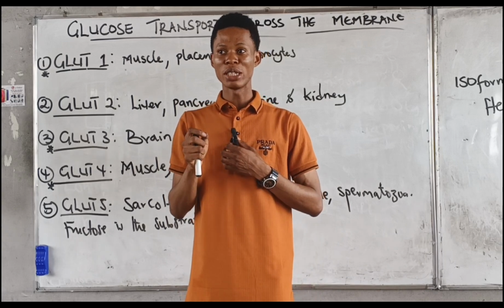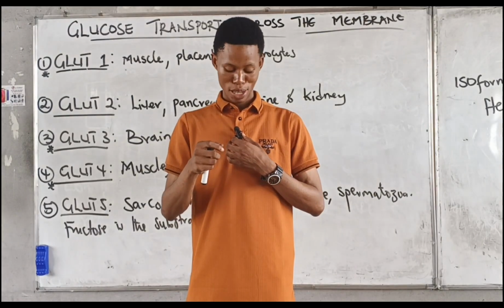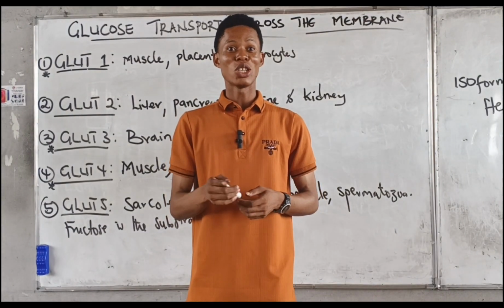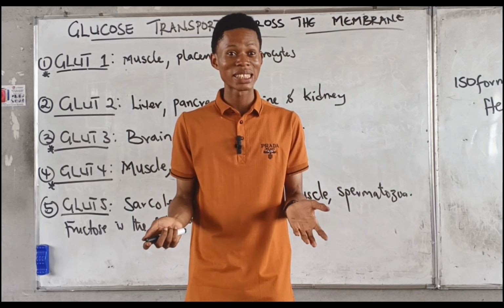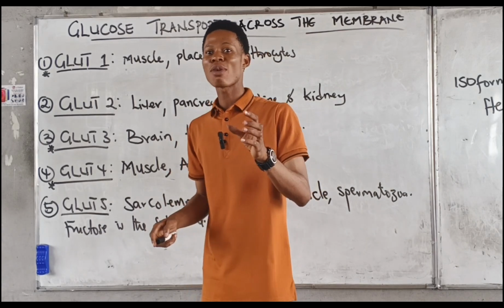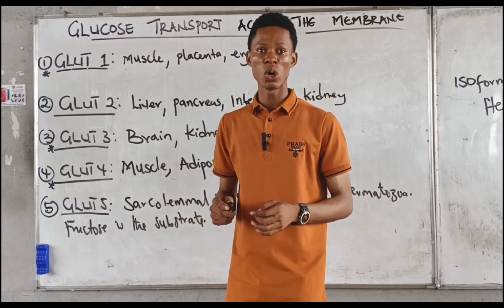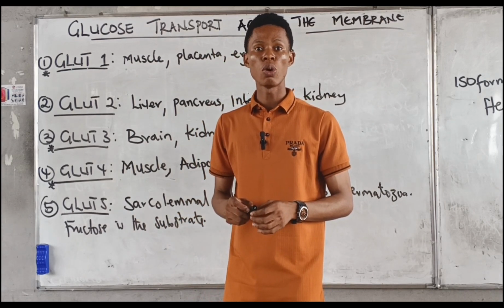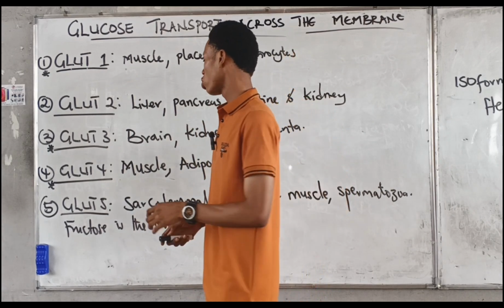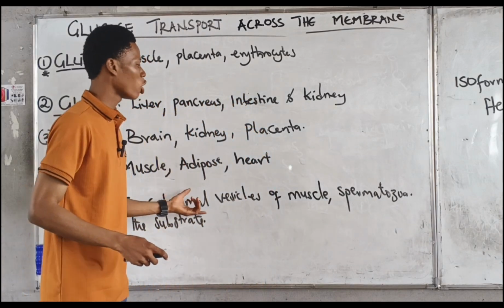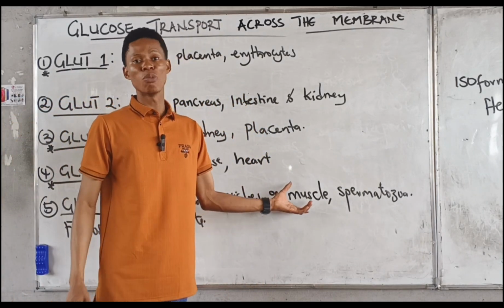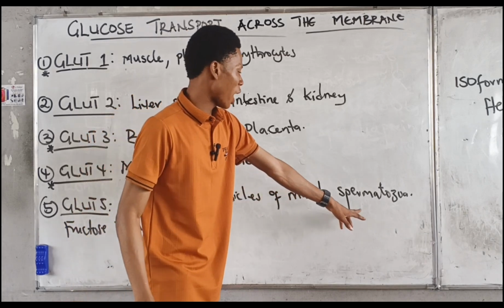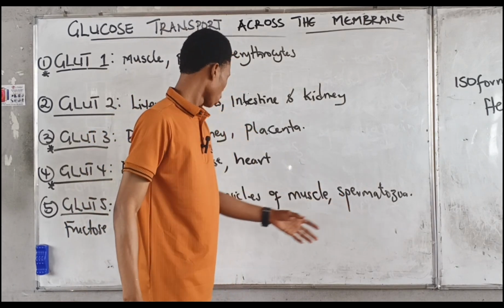The plasma membrane of the muscle is called what? It's called sarcolemma. Now this GLUT5 is found in the sarcolemma. That is, it's found in the plasma membrane of the muscle and the spermatozoa.